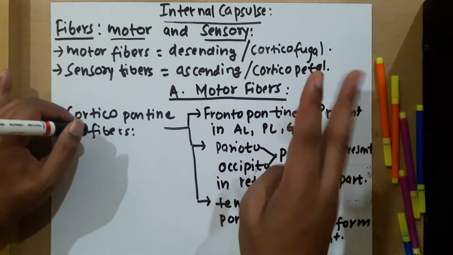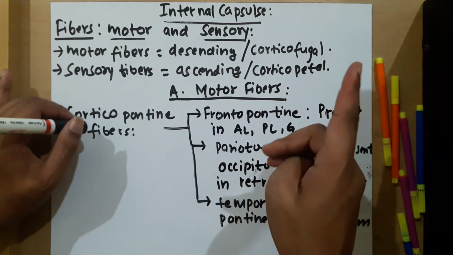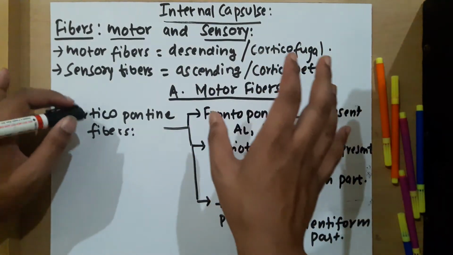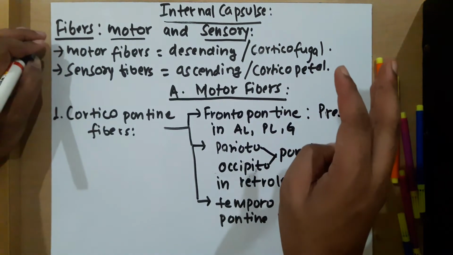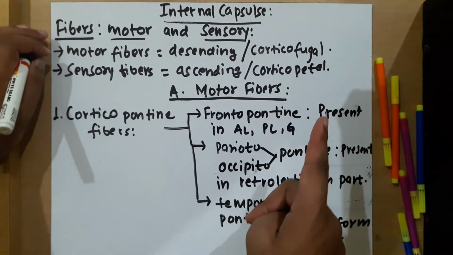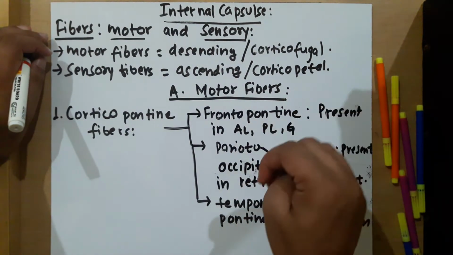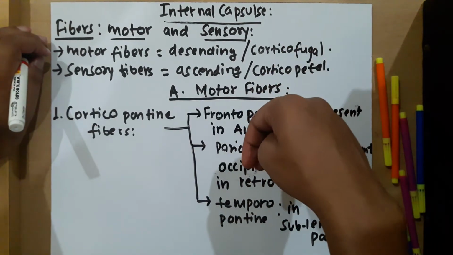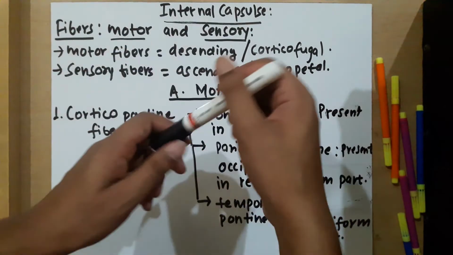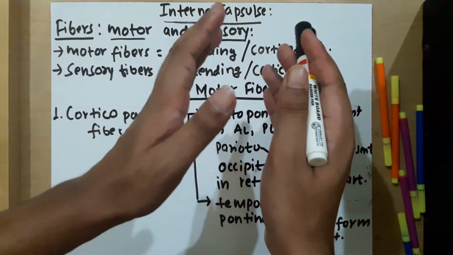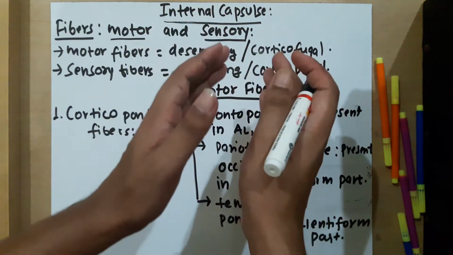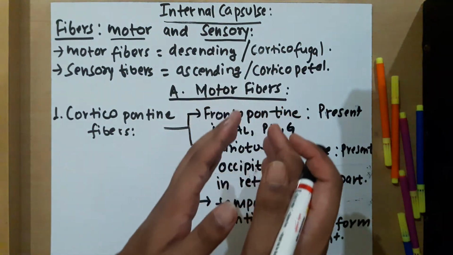Corticonuclear and corticospinal fibers are also the pyramidal fibers of the internal capsule. These three sets of fibers run from the cerebral cortex, through the cerebral peduncle of the midbrain, through the pons, and reach the medulla.